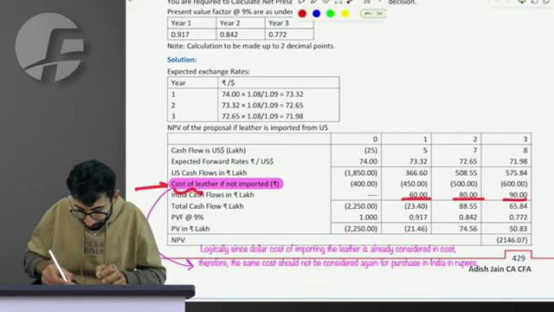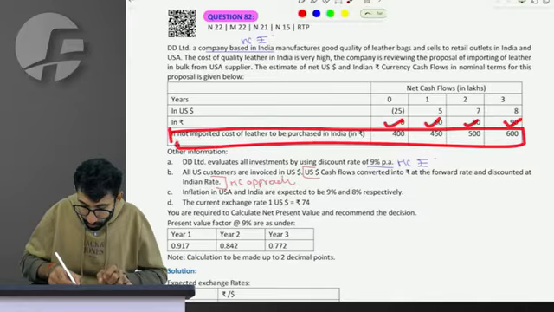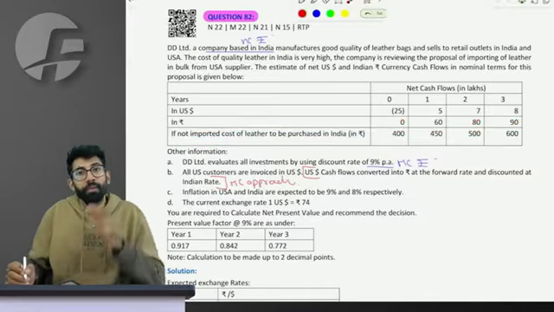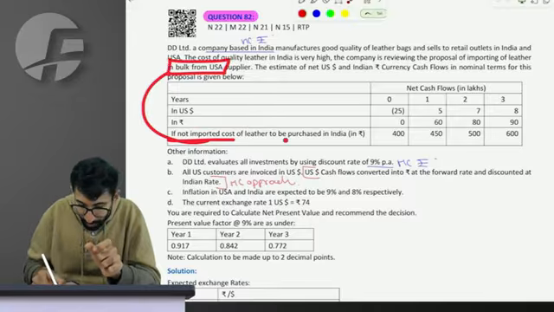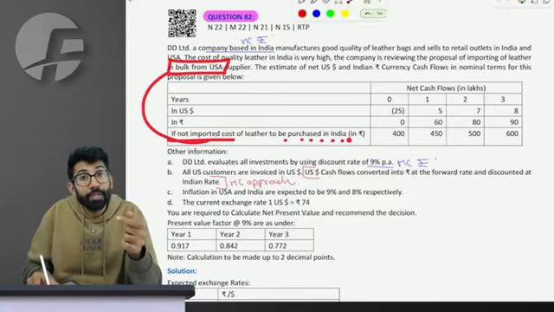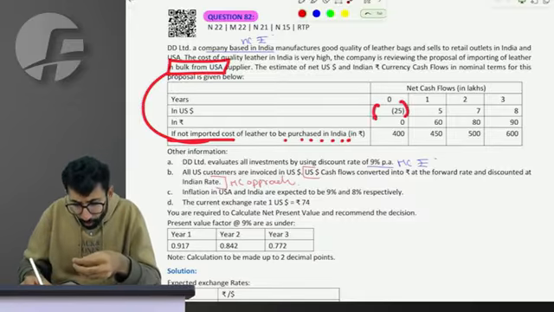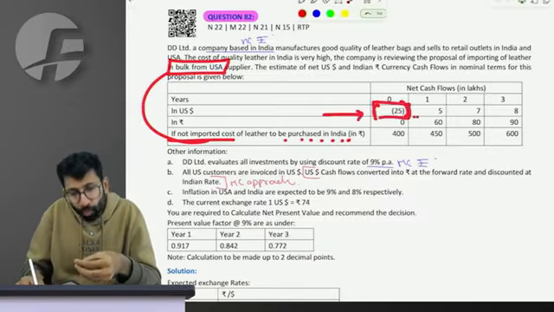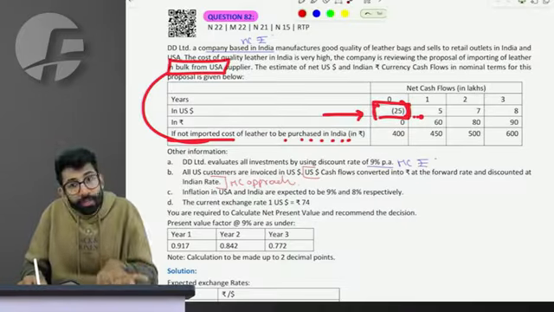Now the ambiguity. According to me, this particular thing was supposed to be ignored. They say if not imported from US, these will be the Indian rupee outflow to buy that leather. But in this case, we have already considered import of leather from US. Leather we have already imported.